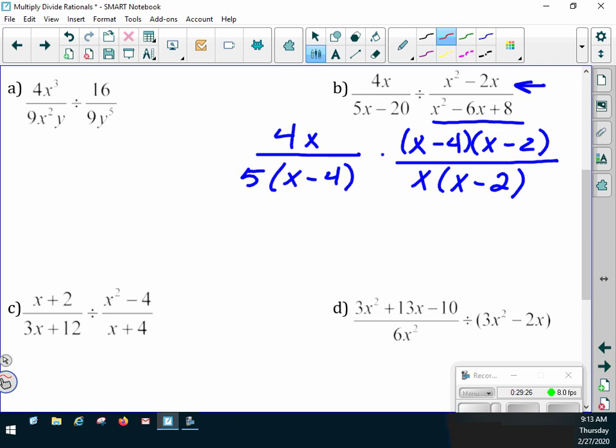What have I got? X minus 4. Any other things? So it would be 4. Good. And I have that x. Right, 4x over 5x would simplify to 4/5.